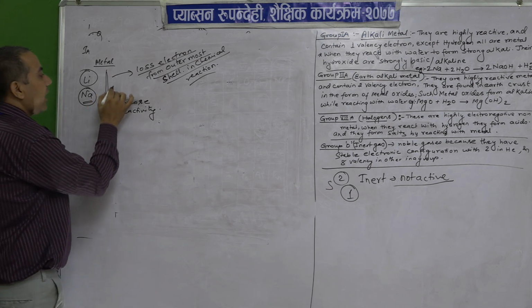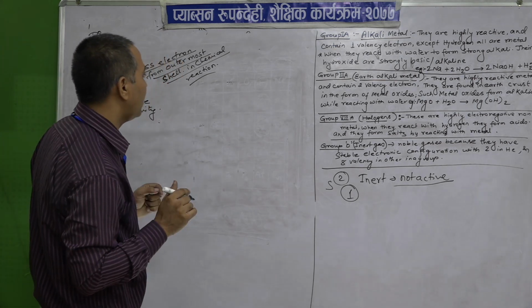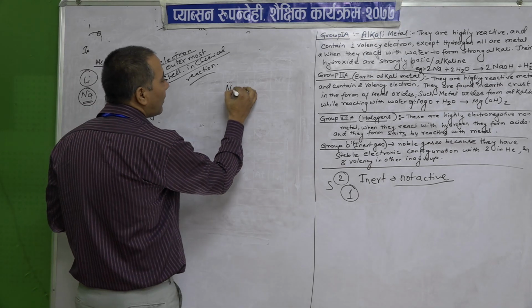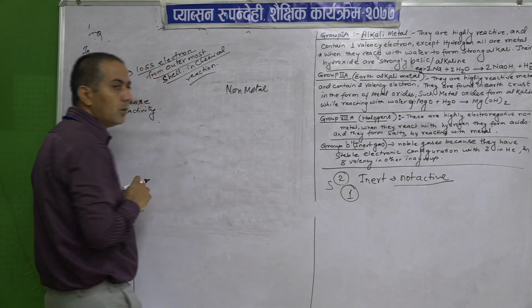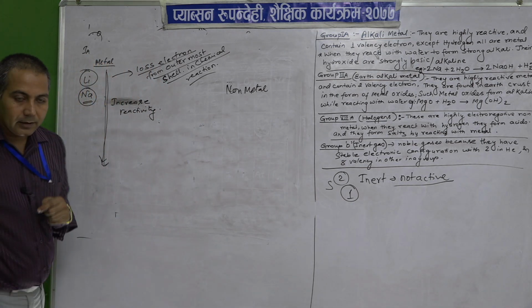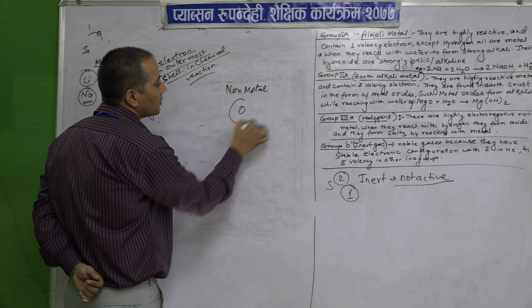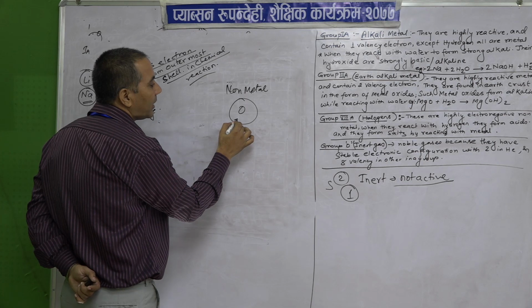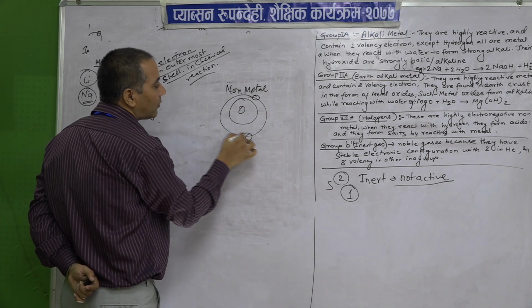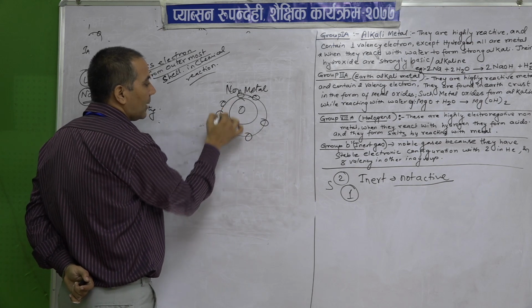Likewise, the second group also has metallic character, so it will be similar. Now, in non-metals, what happens? They gain electrons. For example, oxygen has atomic number 8, which means it has 6 electrons in the outermost shell: 1, 2, 3, 4, 5, 6.